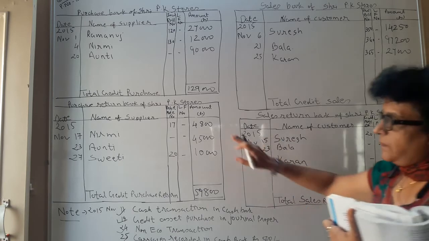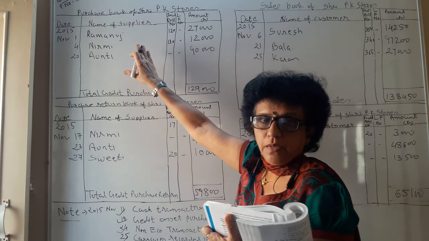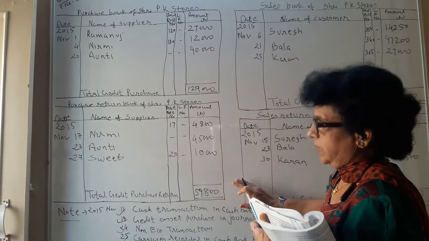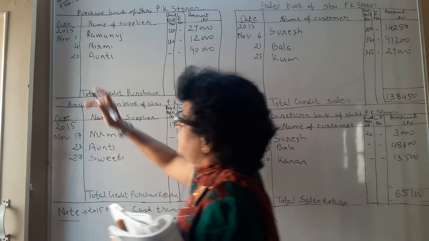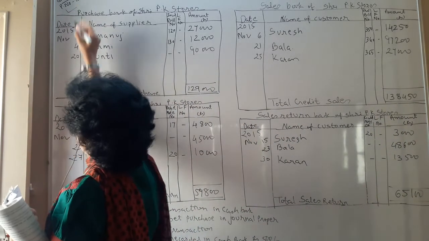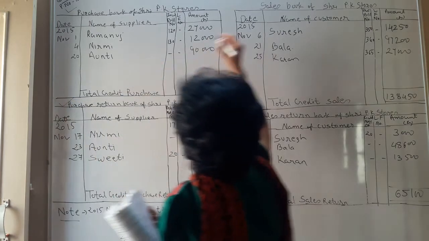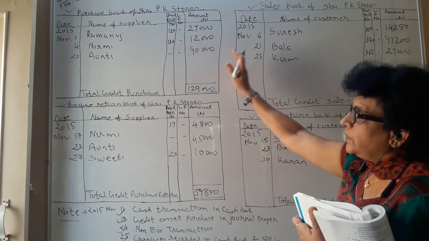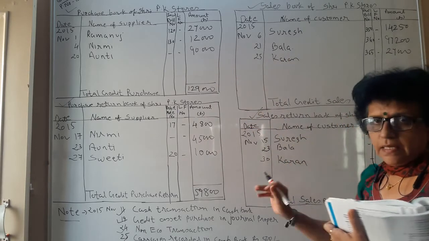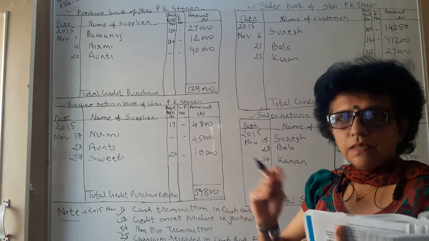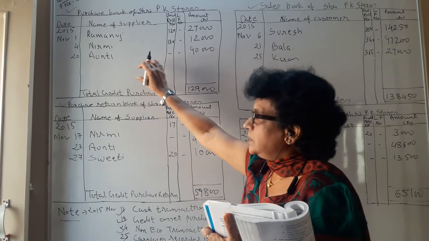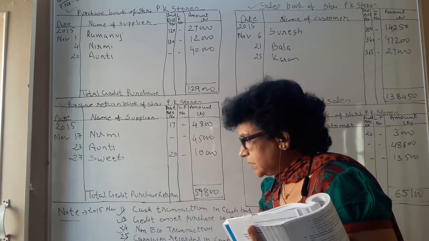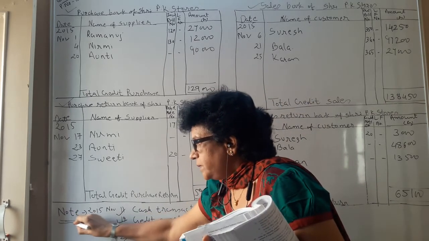So in this example, what we have learned is that when you have a combined example of all the subsidiary books together, we have prepared 4 books. First is the purchase book, second the purchase return book, third the sales book, and fourth the sales return book. Draw the 4 proformas, be ready, keep on reading the transactions. In whichever box the transaction fits, you have to place it. And for all the other transactions, a note is to be written.